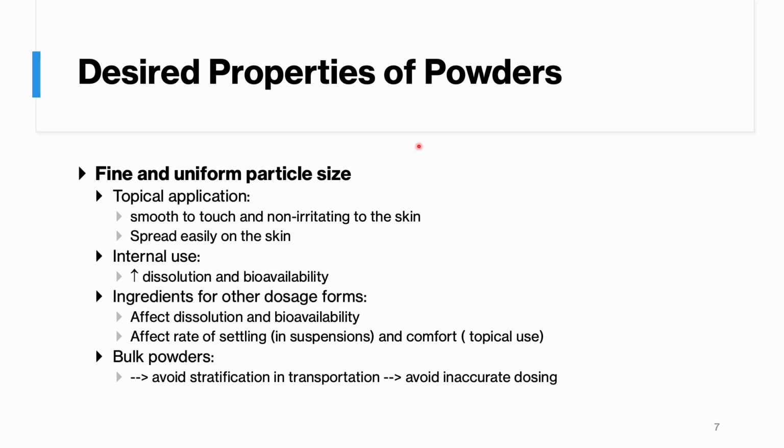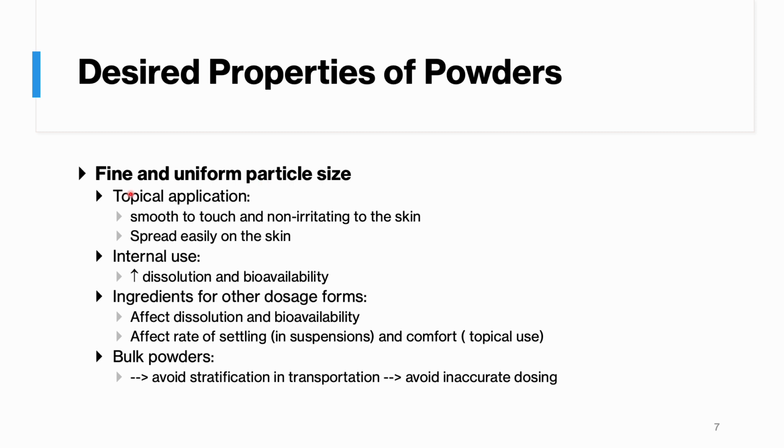Powders, whether used as medicine or as ingredients for further dosage forms, need to have some desired properties. First of all, the powder needs to be fine and uniform in particle size. This one is very important for powders. The fine and uniform particle size makes the mixture consistent.